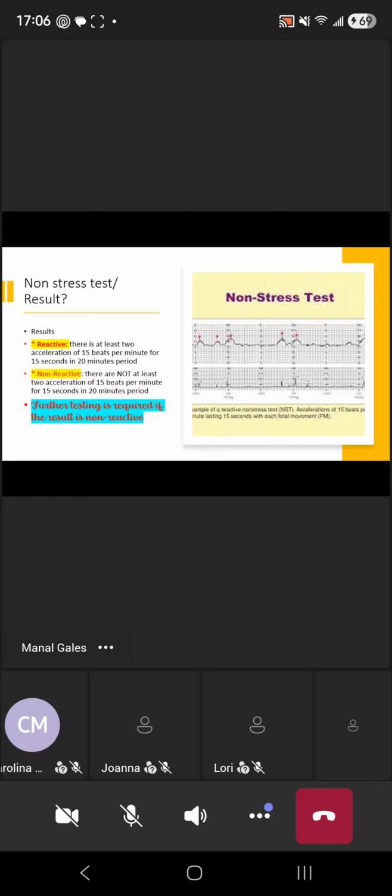And this needs to happen twice in 20 minutes. So again, to be reactive, we need at least 2 accelerations, 15 beats per minute extra, like 135 instead of 120, and it needs to happen twice during the 20 minute period.